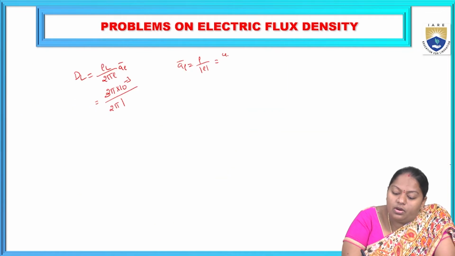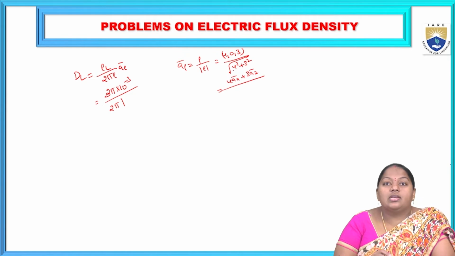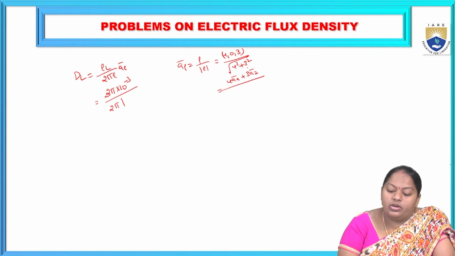See, rho vector (4, 0, 3) divided by root of 4 square plus 3 square, which is equal to (4ax plus 3az) by 5, since 4 square is 16, 16 plus 9 is 25, and root 25 is 5.